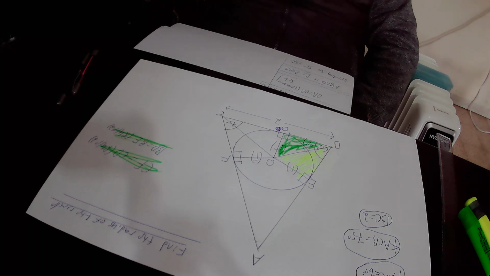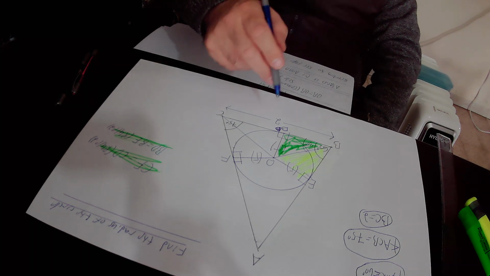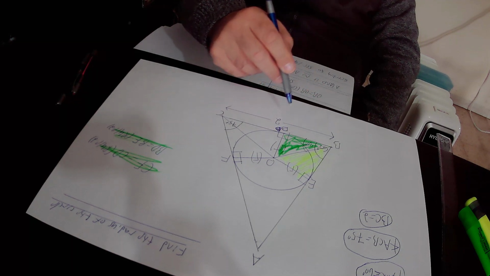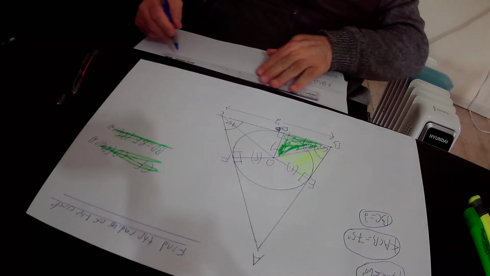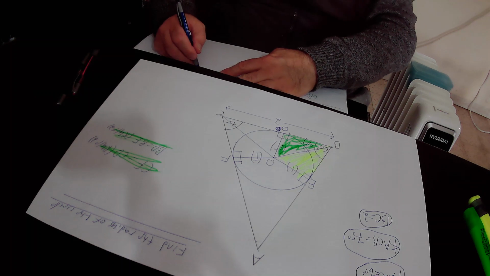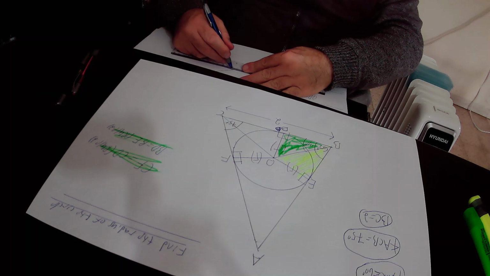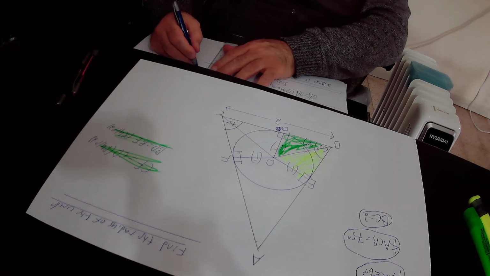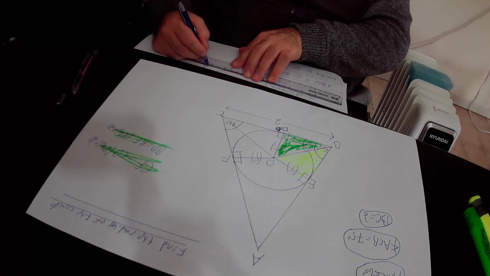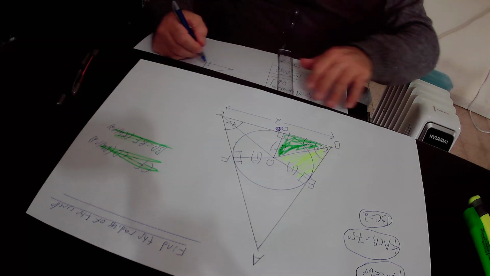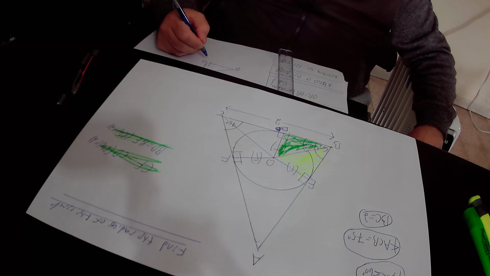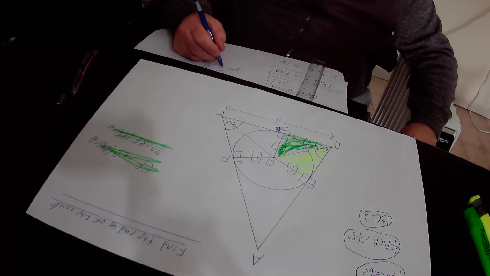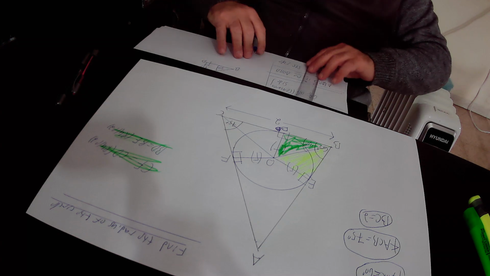In the next step, we'll focus on the green right triangle OBD, so I'll copy it onto a new page and analyze it.